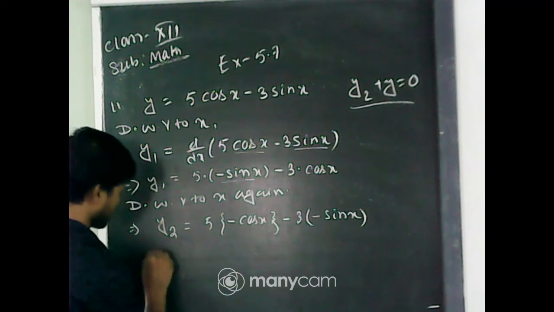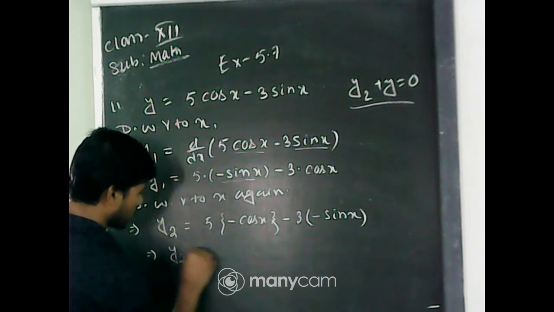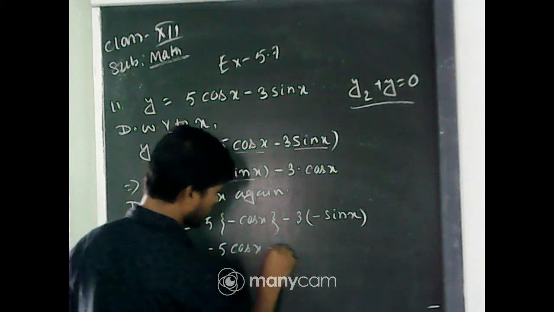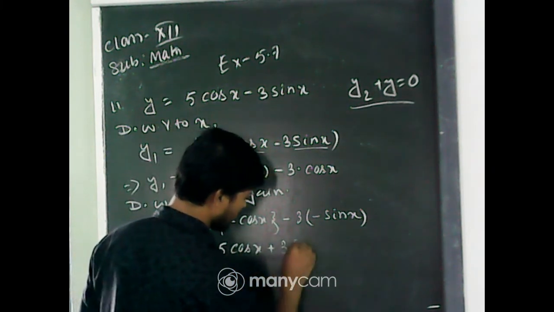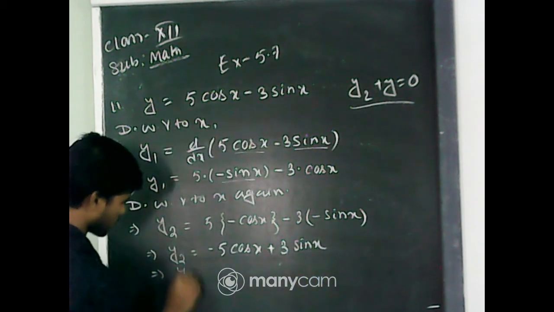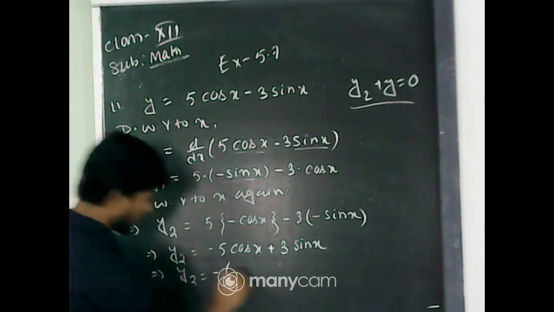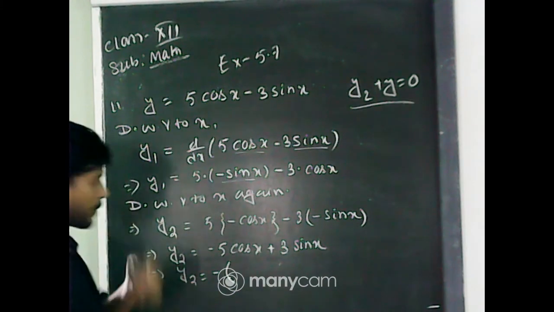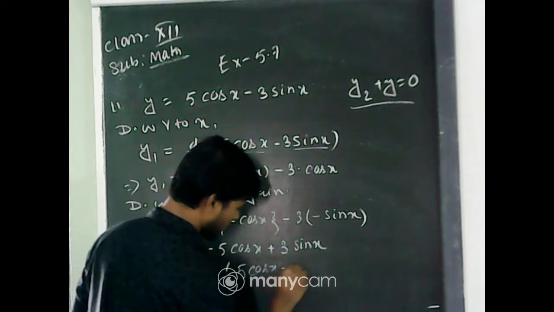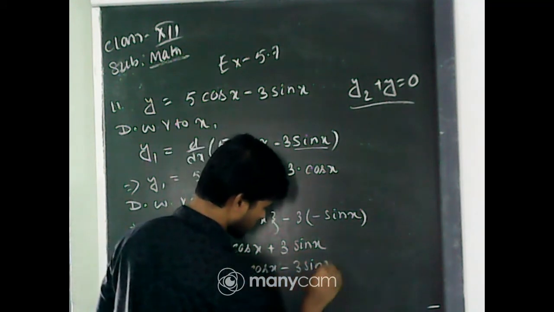That means y2 is equal to minus 5 cos x plus 3 sin x. Take minus 1 common, so it will be minus of 5 cos x minus 3 sin x.